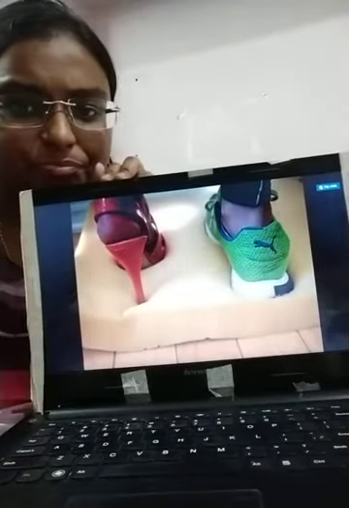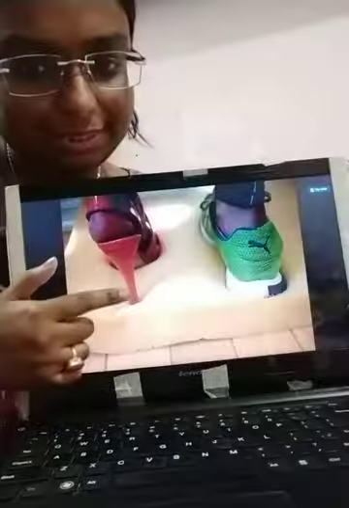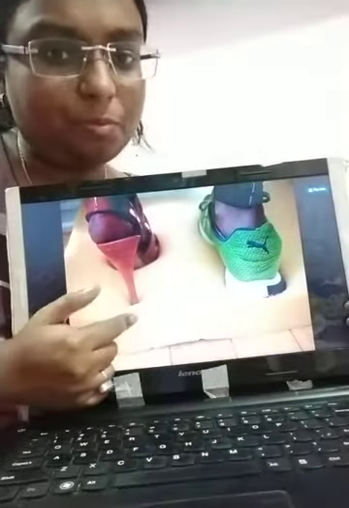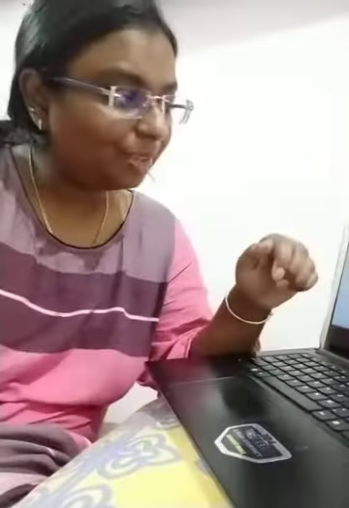Can you tell me why? Why is this sandal creating more pressure than this boot or this sports shoe? So to find out the answer, you need to listen to this class. We will get back to this after we finish today's class.